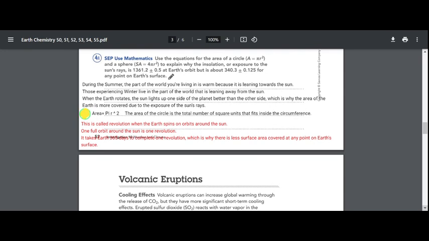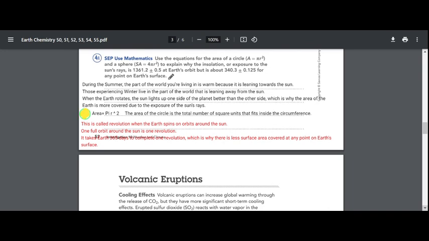During the summer, the part of the world you're living in is warm because it is leaning towards the sun. Those experiencing winter live in the part of the world that is leaning away from the sun. When the Earth rotates, the sun lights up one side of the planet better than the other side.